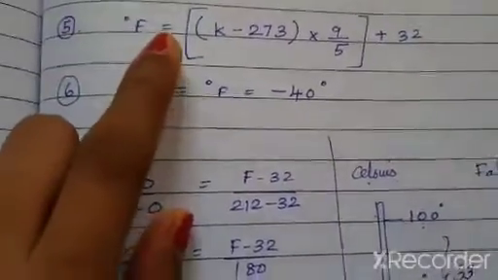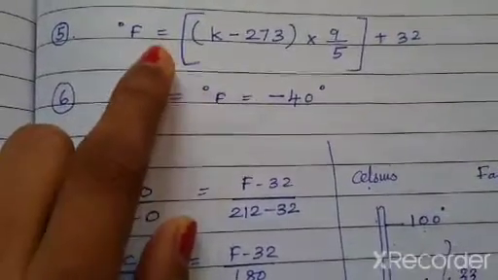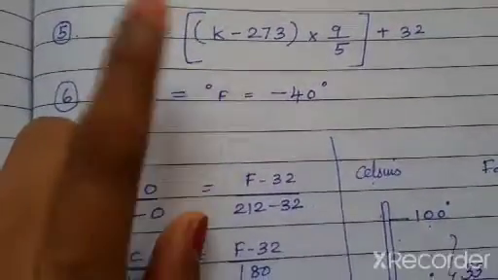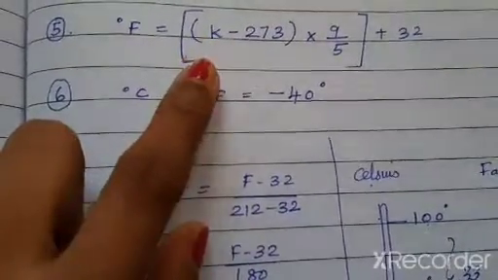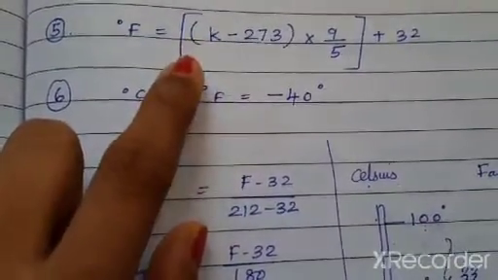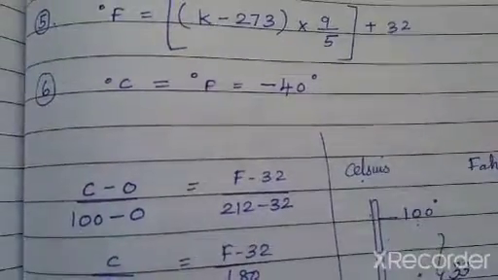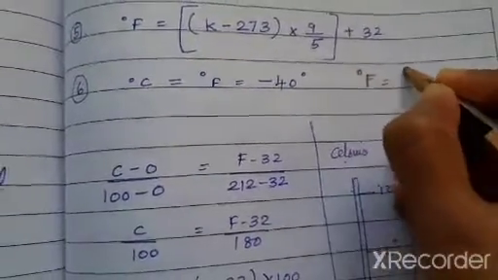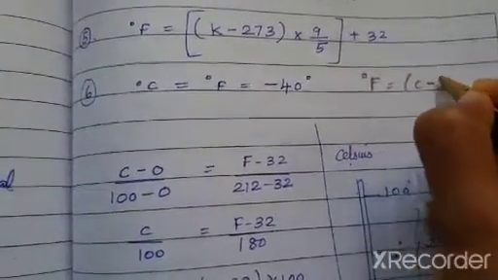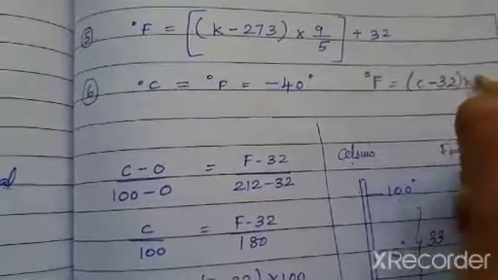Now we are going to see how to convert a temperature when given in Kelvin to Fahrenheit. So this formula is already known to you. What is the formula to convert the temperature given in degree Celsius to Fahrenheit?